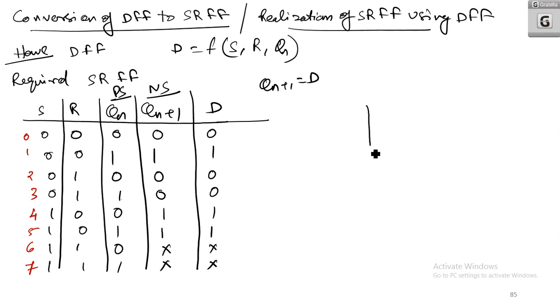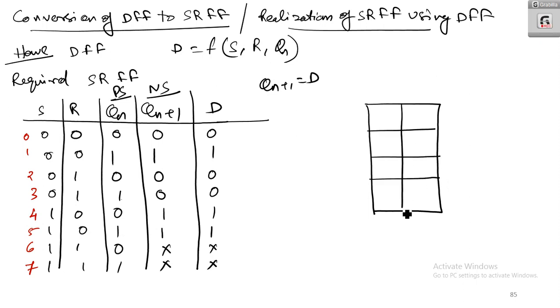So I am drawing the K-map. Here you have SR, and you need to find D. This is Qn as 0 1, Qn bar and Qn.